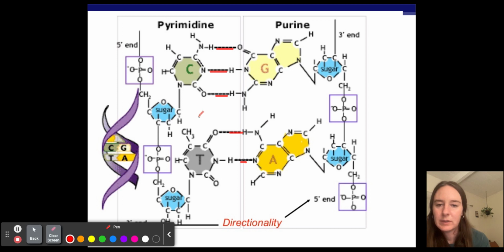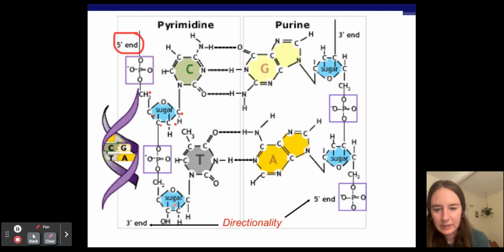Let's see, what else do I need to show you? Oh, let's take a look at the 5' and 3' end. We call this end of the molecule the 5' end, and let's review why. If we're counting our carbon, this is our top carbon, or top sugar here, so this is where we start. This is carbon 1, 2, 3, 4, and 5. We call this the 5' end because it ends on the 5 carbon.